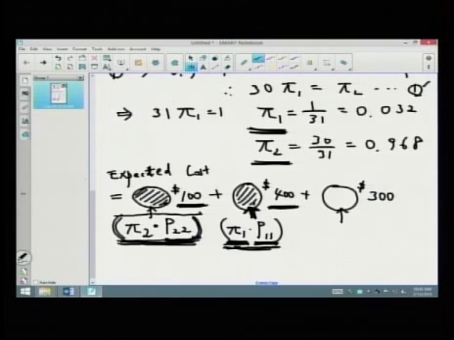Then what about this? P12 and P21. P21? Yes.